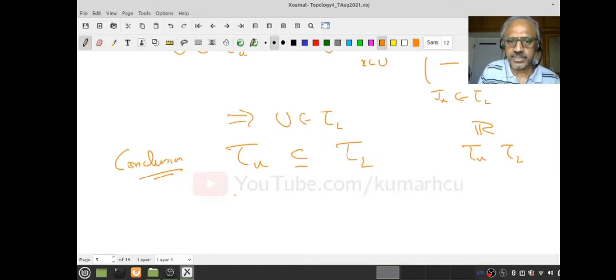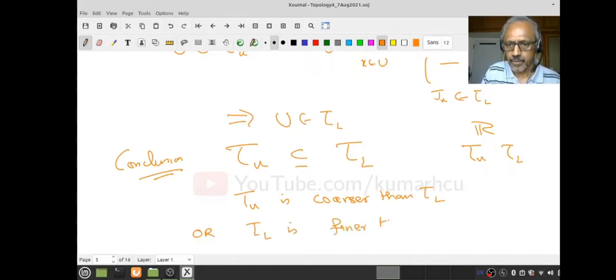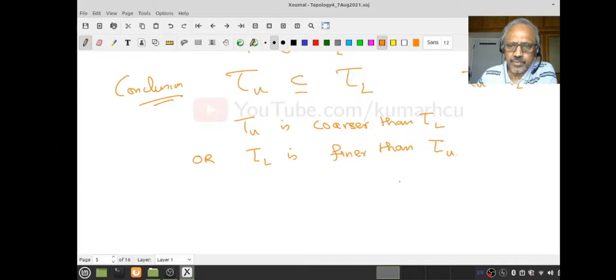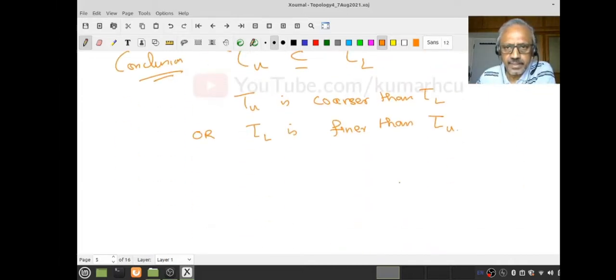One usually says that tau U is coarser than tau L, or tau L is finer than tau U. These are all jargon. Have you understood? Okay.